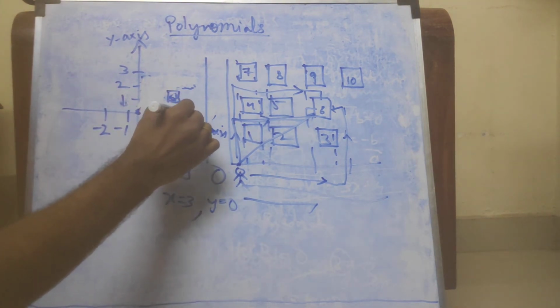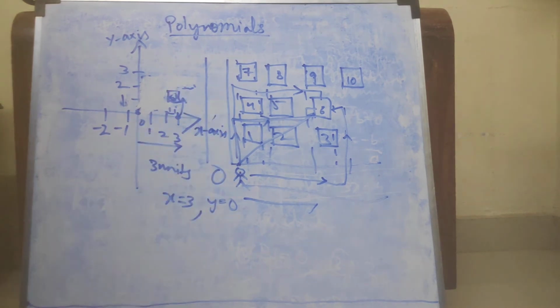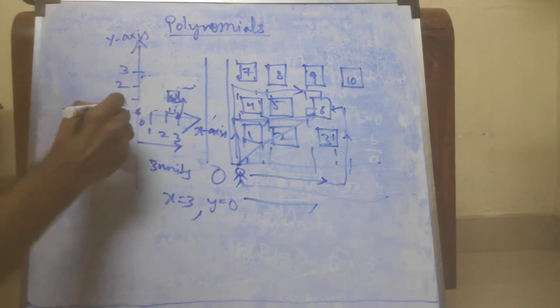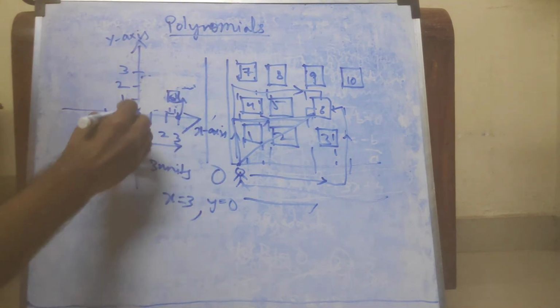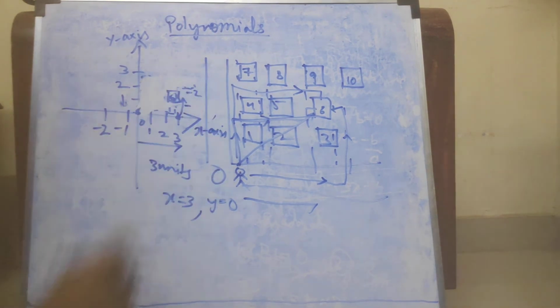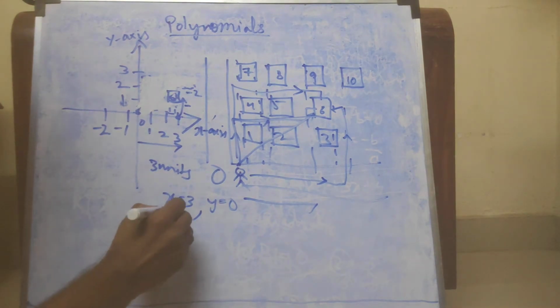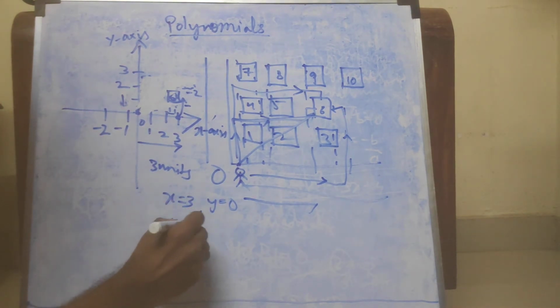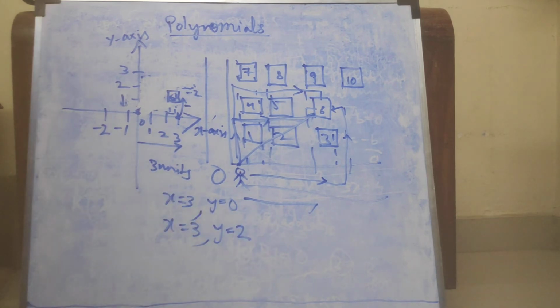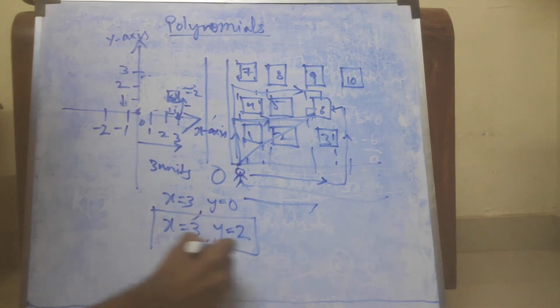From here he will move in the y direction, that is the upward direction. Here y is 0, y equal to 1 and y equal to 2. So x will remain 3 but y will change from 0 to 2. This is the coordinate.